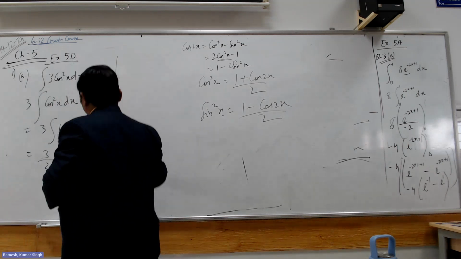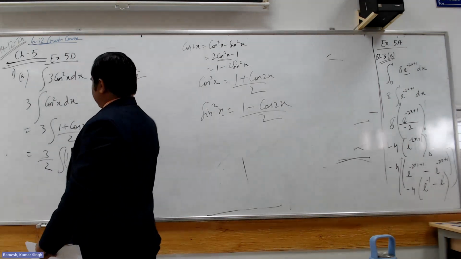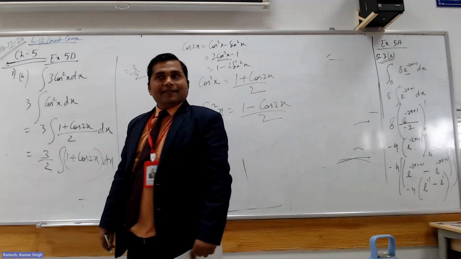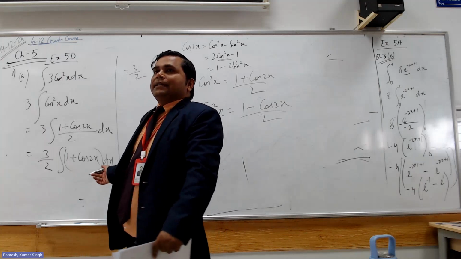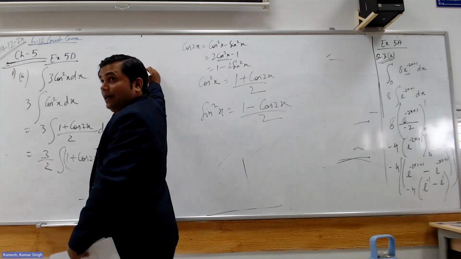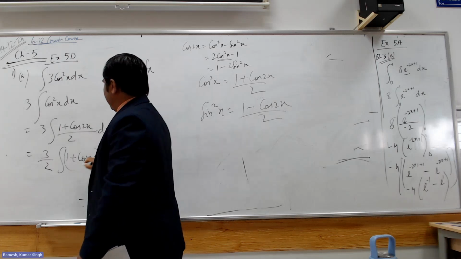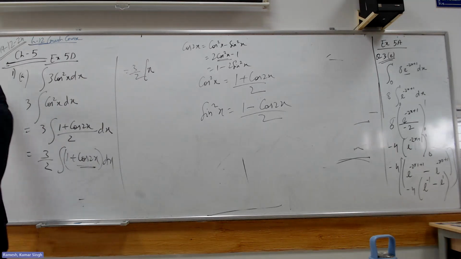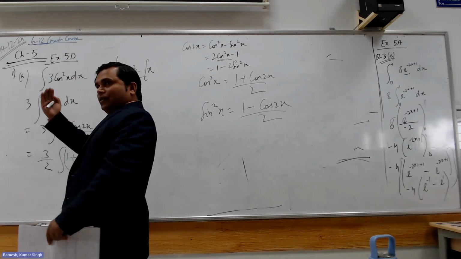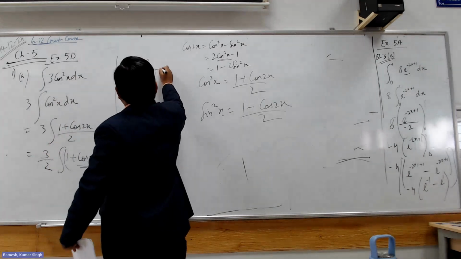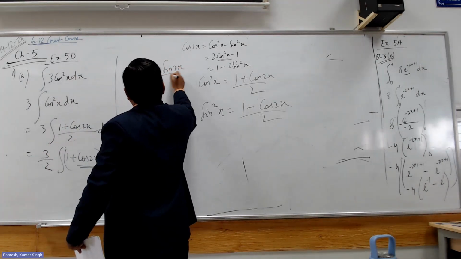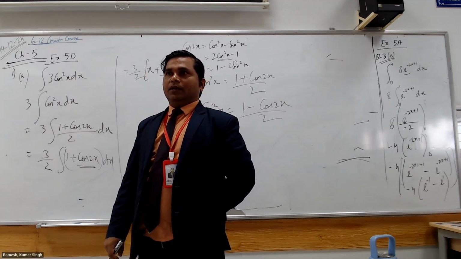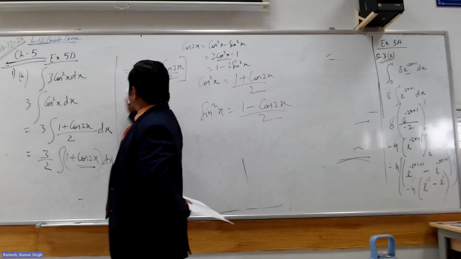Then integration of 1 dx. Integration of 1 is x. Right? Integration of 1 dx is x. Integration of cos is sine. Because it is 2x, it's going to be divided by 2. So it's going to be sine 2x divided by 2. Am I making sense? So integration of 1 is x.